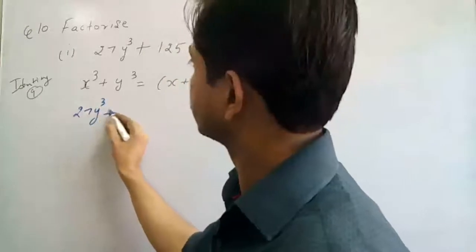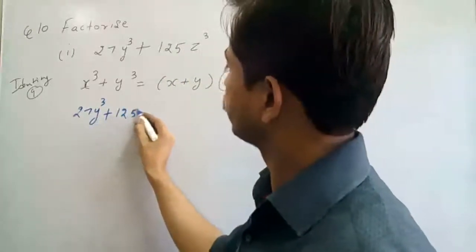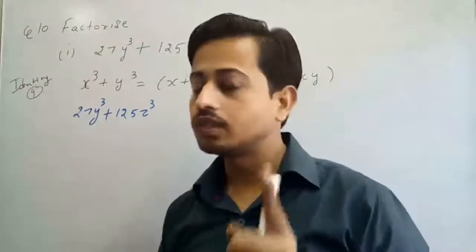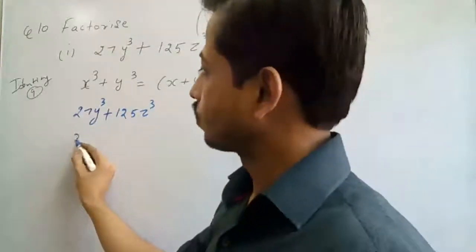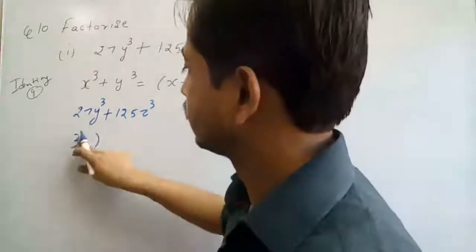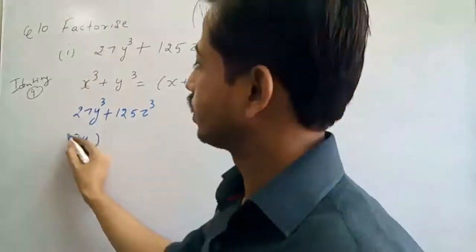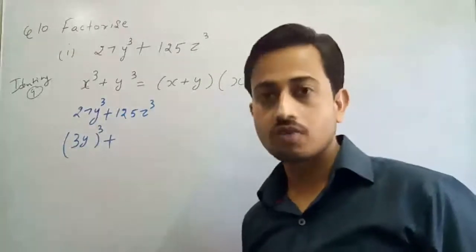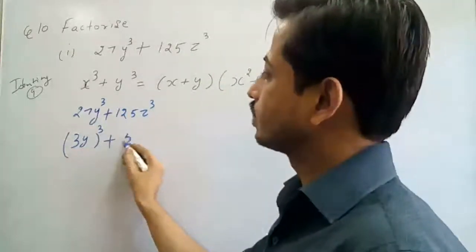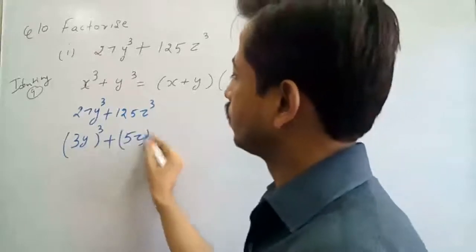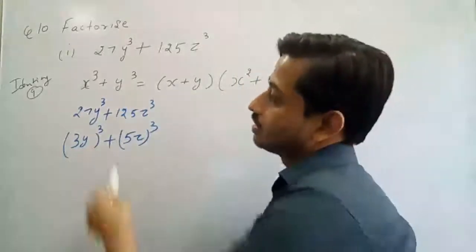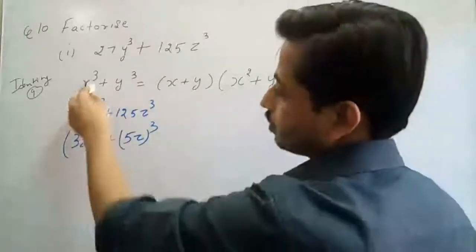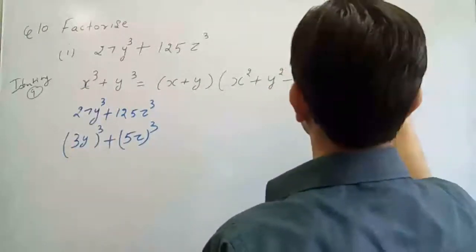So do the comparison. Firstly, you have to make it in proper whole cube form: 27y cube plus 125z cube. 27 can be written as 3 into 3 into 3, whole cube of 3. So overall it can be represented as (3y) whole cube, and 125 is the whole cube of 5. Overall we can represent it as (5z) whole cube. Now do the comparison. First term is x, and here x is 3y.